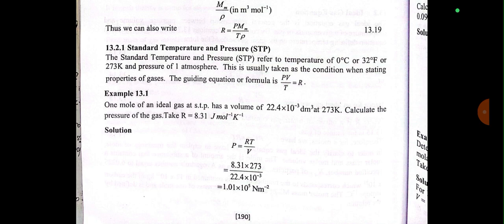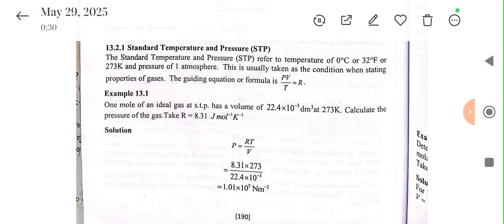So that's for temperature. Then for pressure, 1 atmosphere is used.